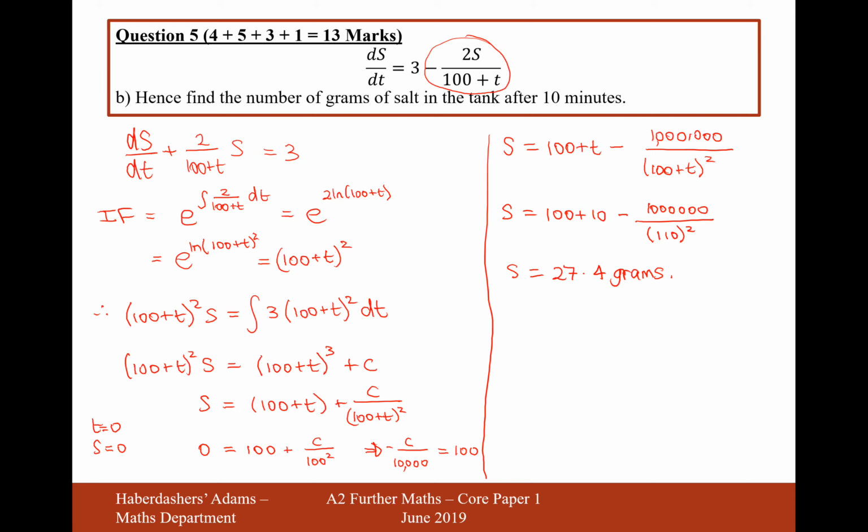Okay, so there we are. So that's the answer for part B, 27.4 grams. Let's move on to part C.